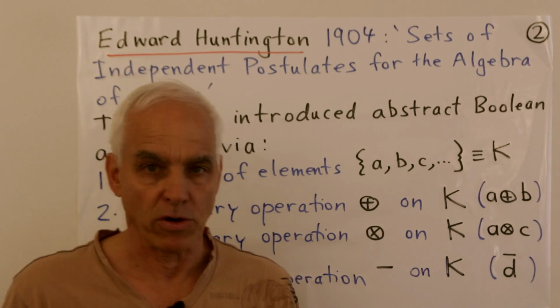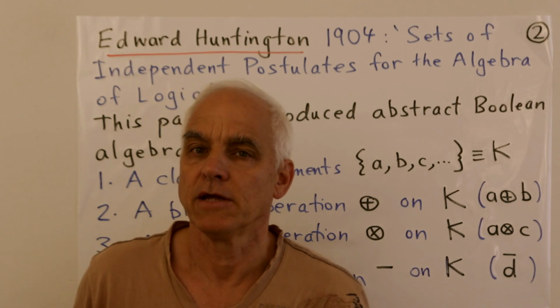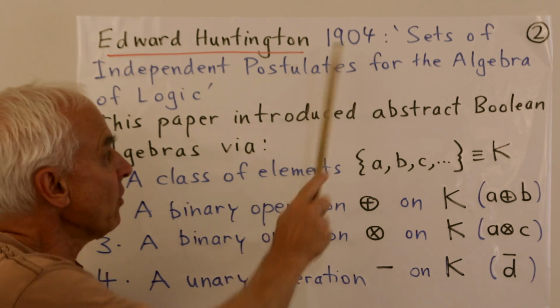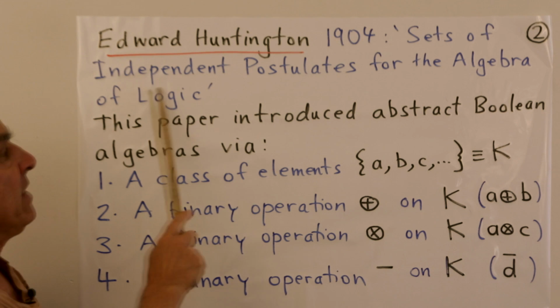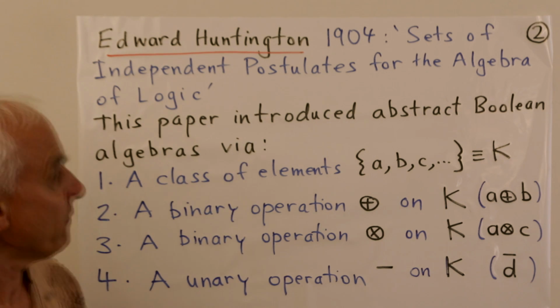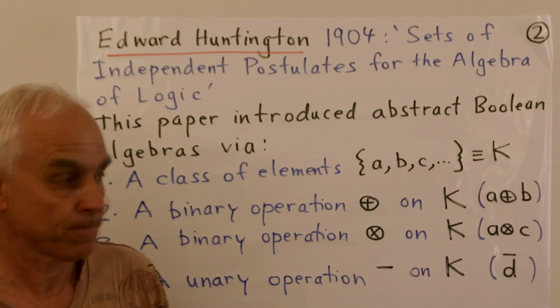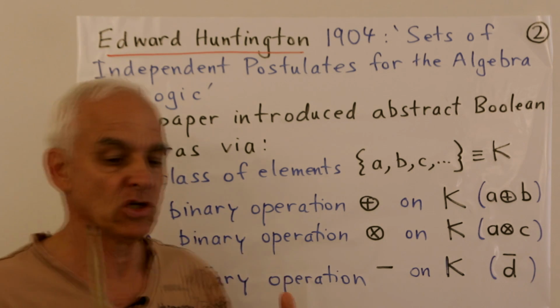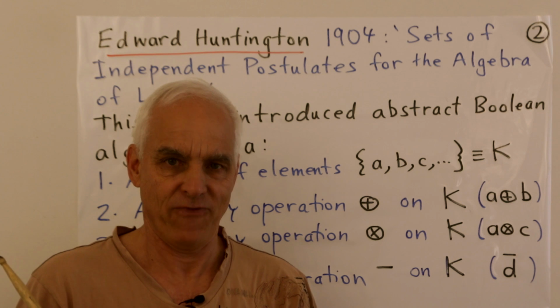So an important precursor to this development is an influential paper by Edward Huntington in 1904 called Sets of Independent Postulates for the Algebra of Logic. Now, this paper introduces Boolean algebra in a rather abstract fashion.